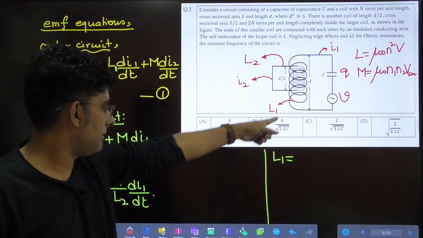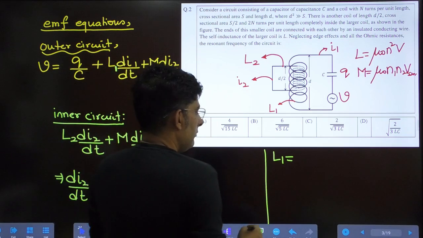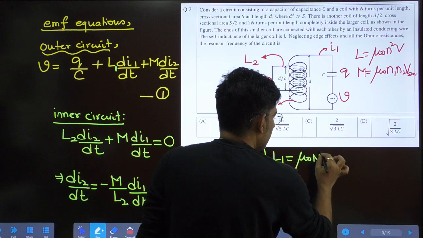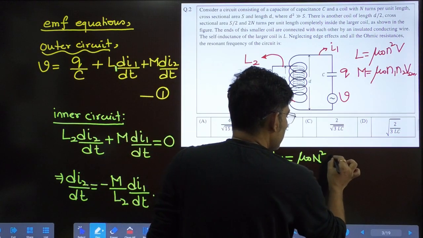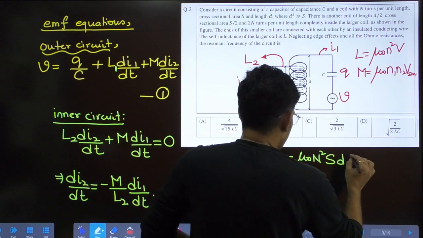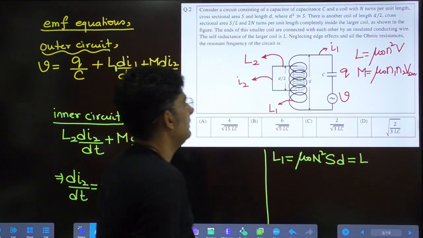So these are the expressions. So if you use that, L1 will become mu naught, number of turns for the outer one is given as capital N, N square. Volume will be what? S into D. Okay. So let's call this as L.